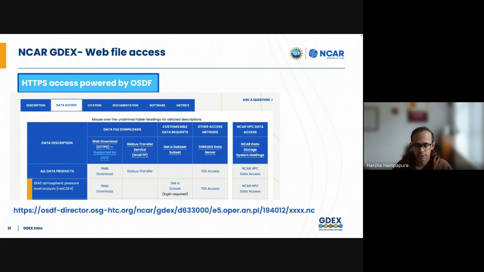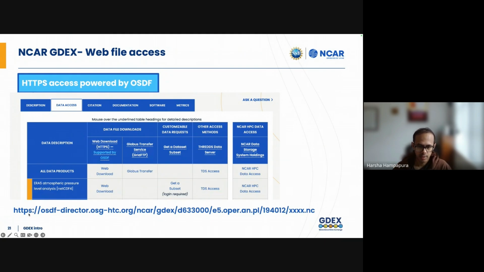After this integration, all of GDEX datasets are available via OSDF, and OSDF is our default data delivery mechanism. If you go to any dataset landing page and go to the data access tab and click on any web download link, you will see a link that looks like this.